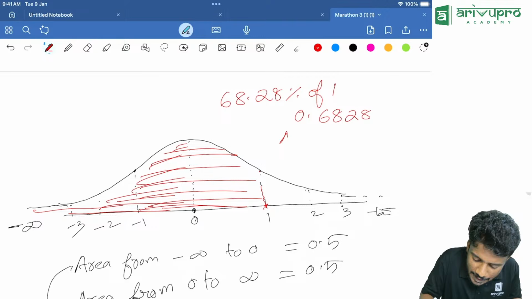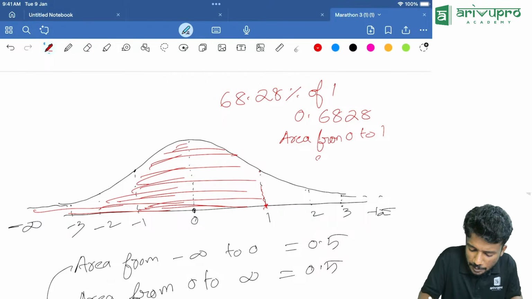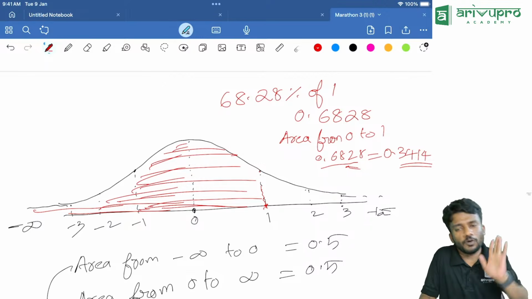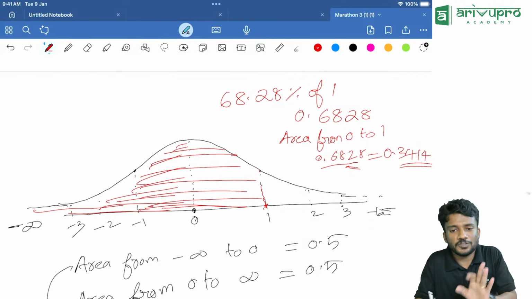So what is the area from 0 to 1? Half of this, that means 0.6828 divided by 2, is equal to 0.3414. Yes, that is the area from 0 to 1.